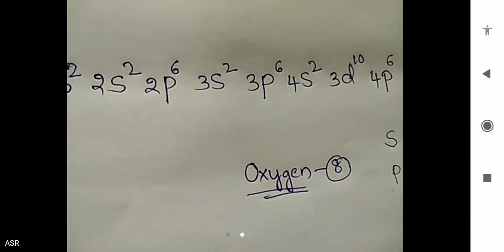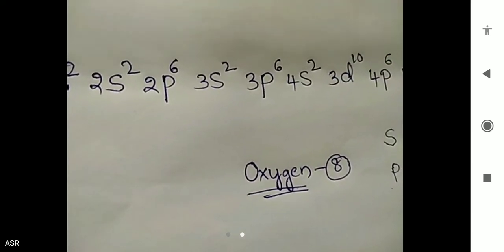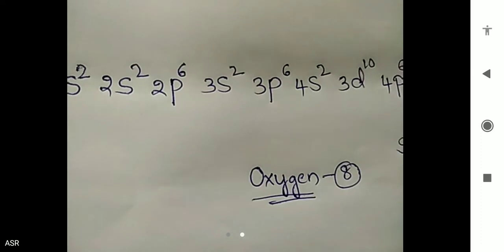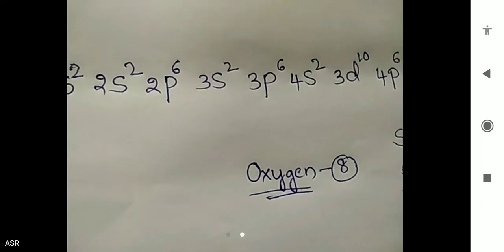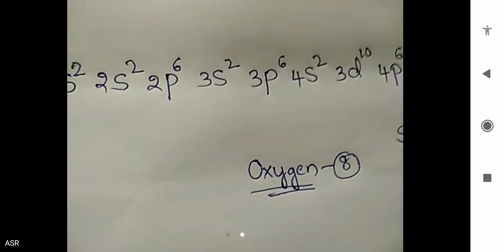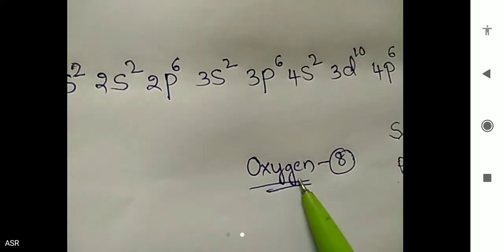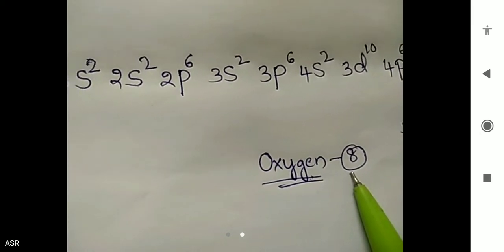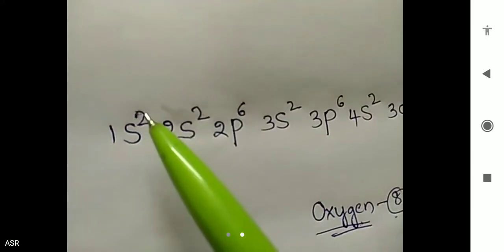That is atomic number you should know, children, in order to write the electronic configuration. Just you should know only one thing, that is atomic number. For example, I took oxygen here. Oxygen atomic number is 8. So how you are going to do to find out the electronic configuration of oxygen? Just you have to count the number of electrons, children, here.